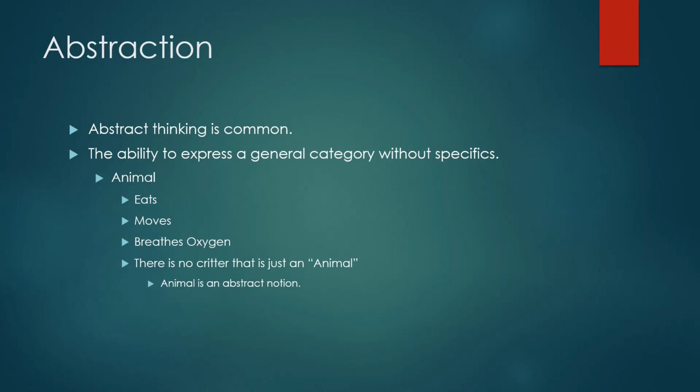Cat, lion, leopard, house cat. We can recognize the commonalities in these animals, behavior commonalities and also physical commonalities. However, we know that they behave differently. Fish, also an abstract notion. It eats and moves and breathes oxygen differently. But then you'd have to get into, let's say, shark, white shark, versus flounder.